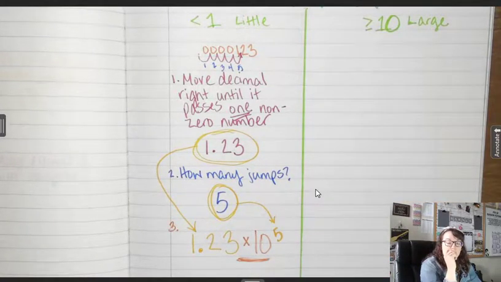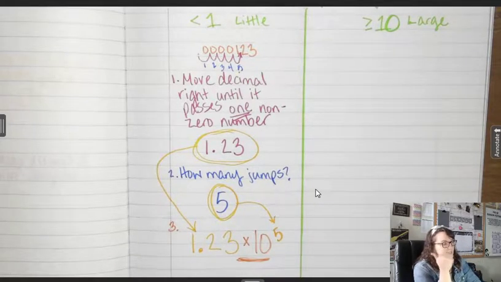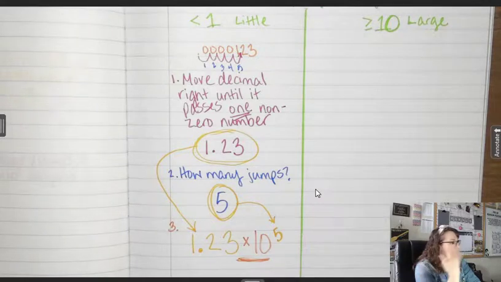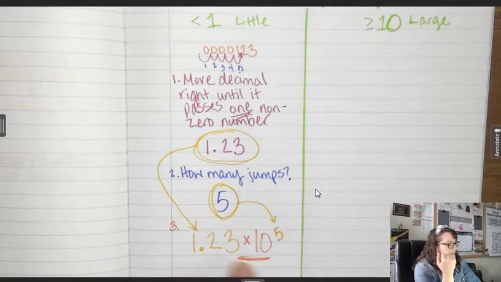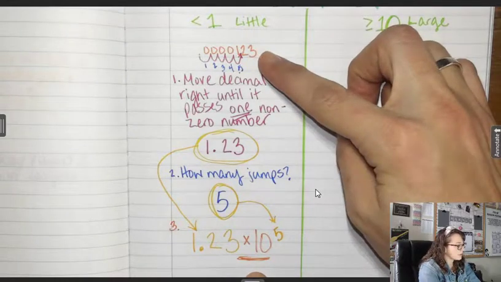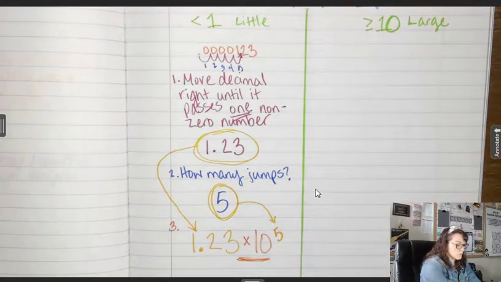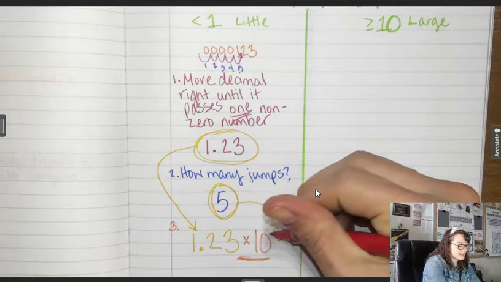Now, what is 10 times 10 times 10 times 10 times 10? Is it a big number or a little number? It's a huge number. If I multiply 1.23 times a huge number, is it going to give me a little number? No. So I have to make this a negative 5.